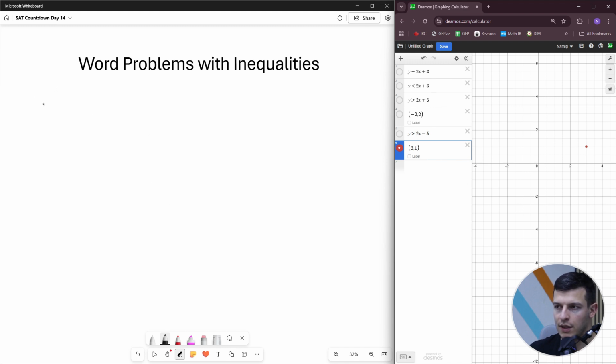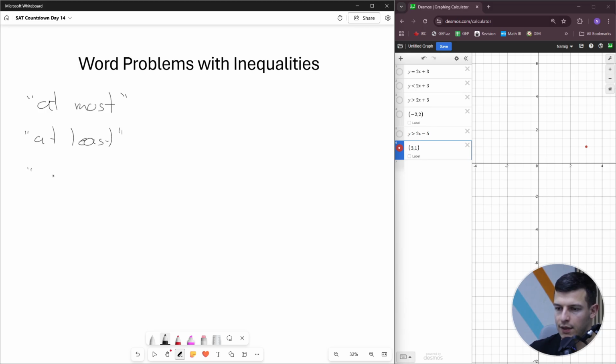Usually in the question you would get cases like at most, or at least, or you will get less than, or more than. It's very important to identify these key words when you're solving these questions, because misunderstanding the wording can basically ruin your whole solution.